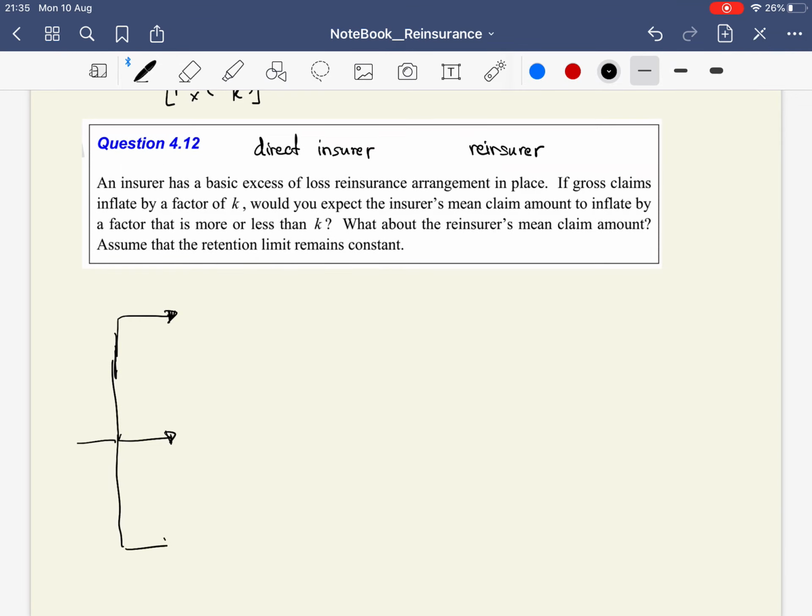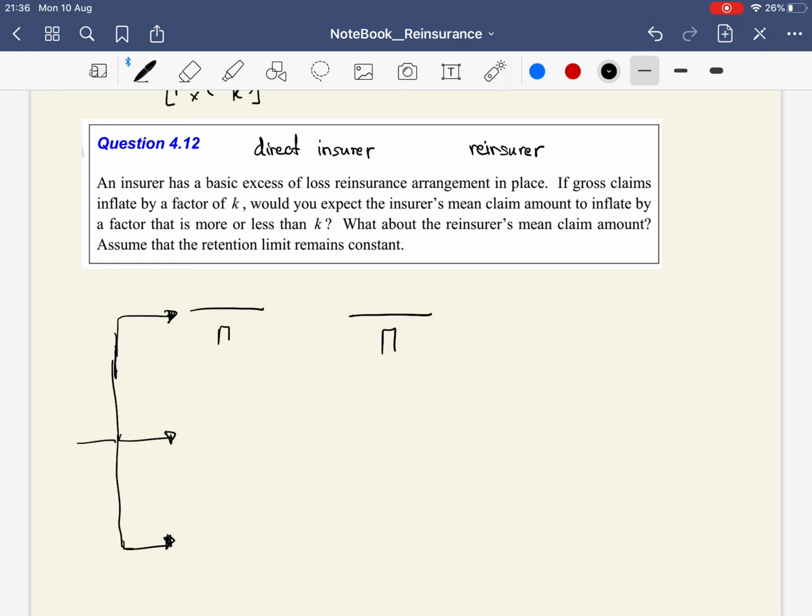So there could be three possible outcomes, right? First is where the original claim is way below the retention limit. With this type of claim, the amount after inflation is still lower than the retention limit.